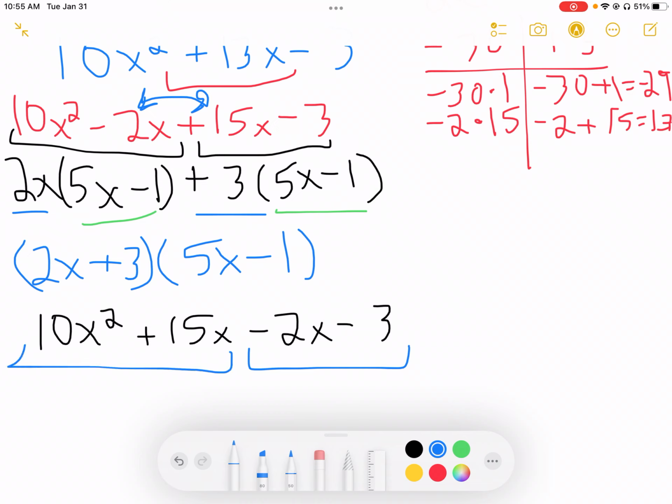And over here, we can factor out 5x, and then we have 2x plus 3. And then over here we have minus, and we just have minus 2x minus 3, because I don't have anything common here.